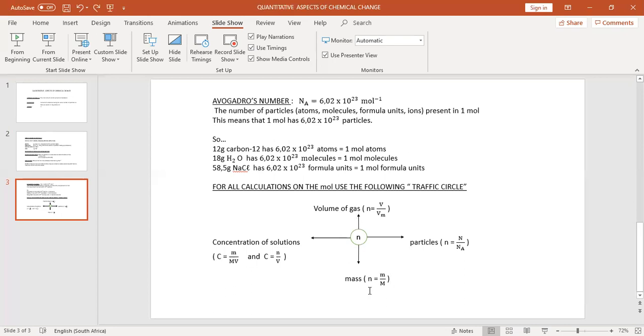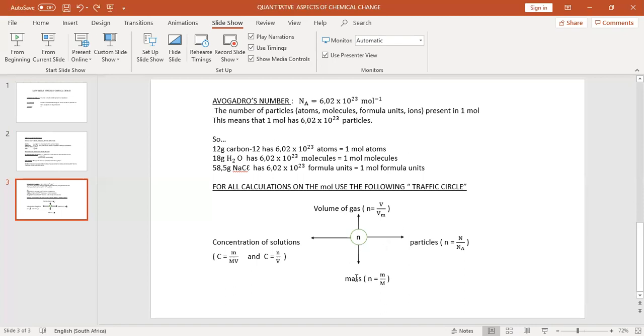I use this formula here to find number of mole. That means I go here. And then I use this answer in this equation here to find volume. This letter Vm is molar volume. And that value is given to you in the data sheet as well. We'll work through it later.